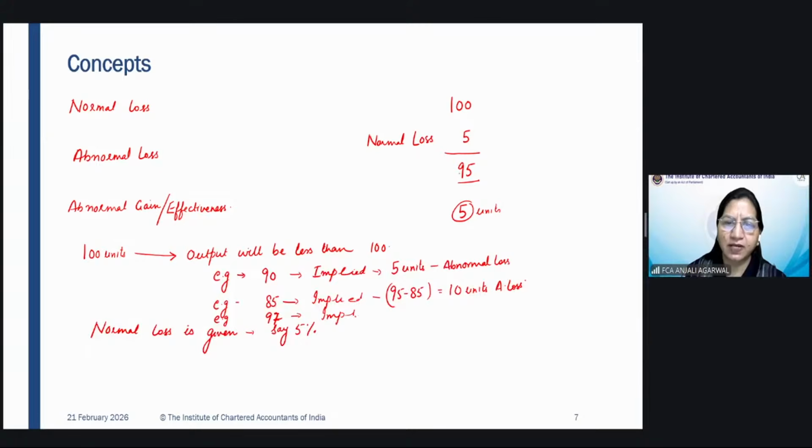So it implies 97 minus 95. We have 2 units extra. So these 2 units are abnormal gain.